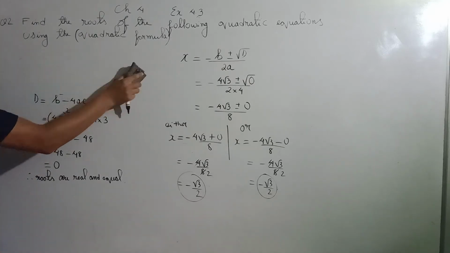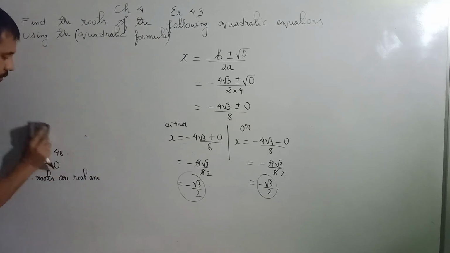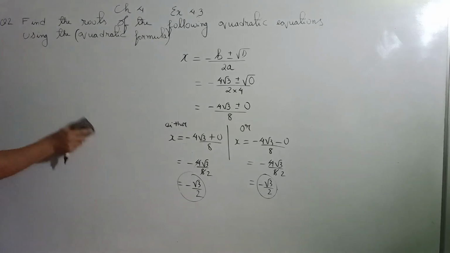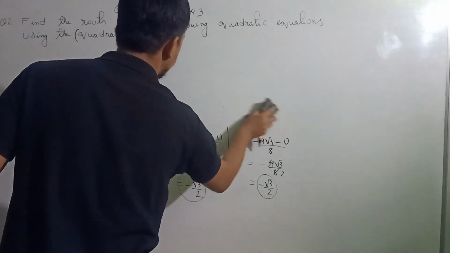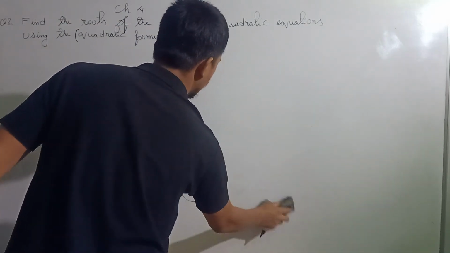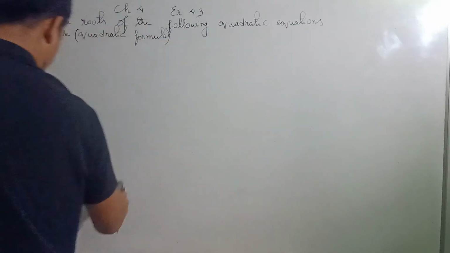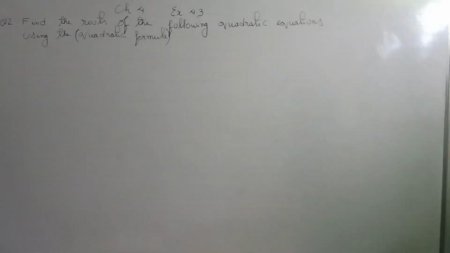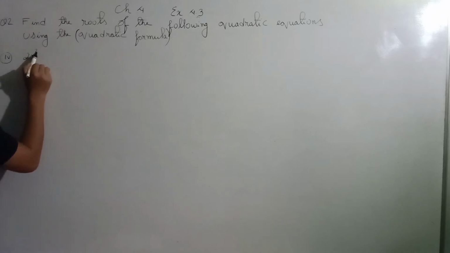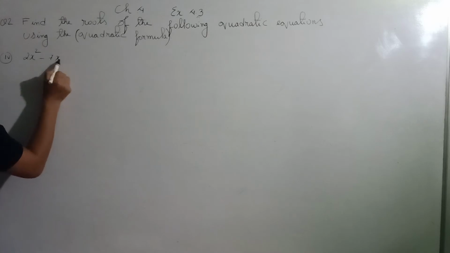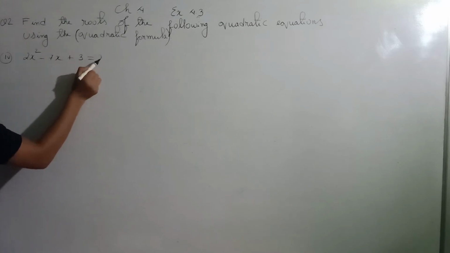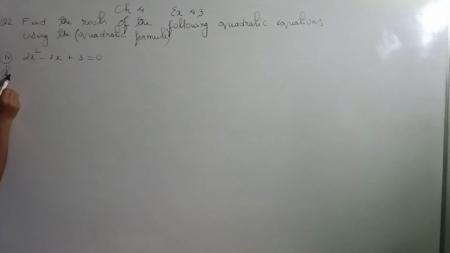Now let's go for the fourth one, Roman 4. What do we have in Roman 4? Your given equation is twice x squared minus 7x plus 3 equals to 0. Here the coefficient of x squared is 2, so a is 2.